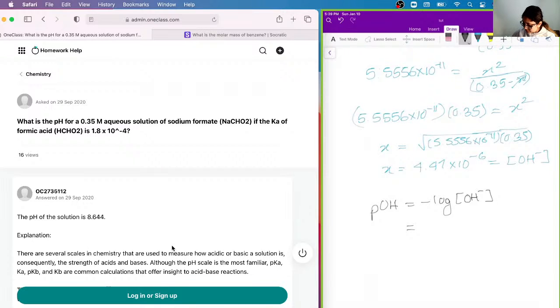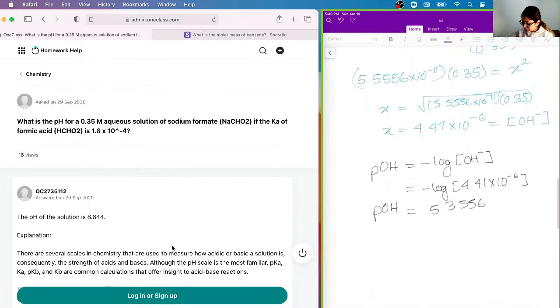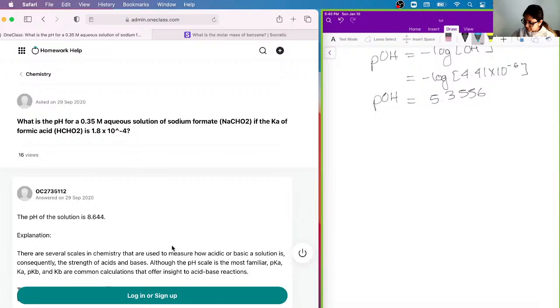And so this would be equal to the negative log of 4.41 times 10 to the power of negative 6. Okay, and so once you evaluate this, you get 5.3556.